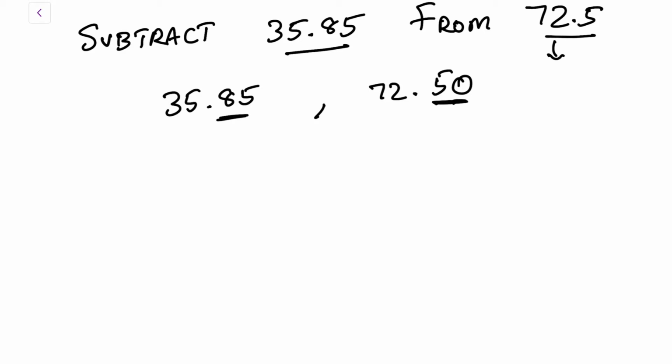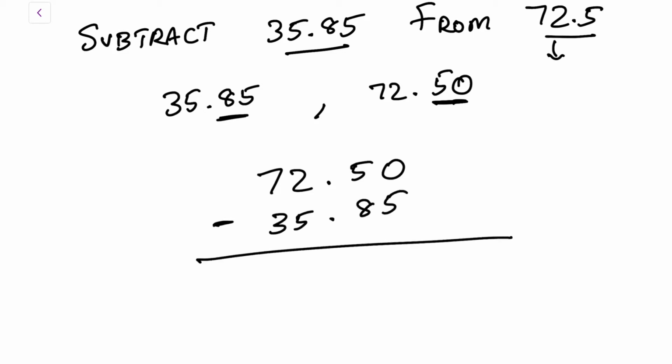Alright, the next step is to write the bigger decimal first and then the smaller decimal below it, and then do the subtraction. We know when we do subtraction, we always have to do bigger minus smaller. Which is the bigger decimal? 72.50. Very good. From that you need to subtract 35.85. Now let's do the regular subtraction from the extreme right. Here we see 4, 10, 5, again 1, 14, 6, again we can see 6, 11 is 6, 3, that is 36.65.